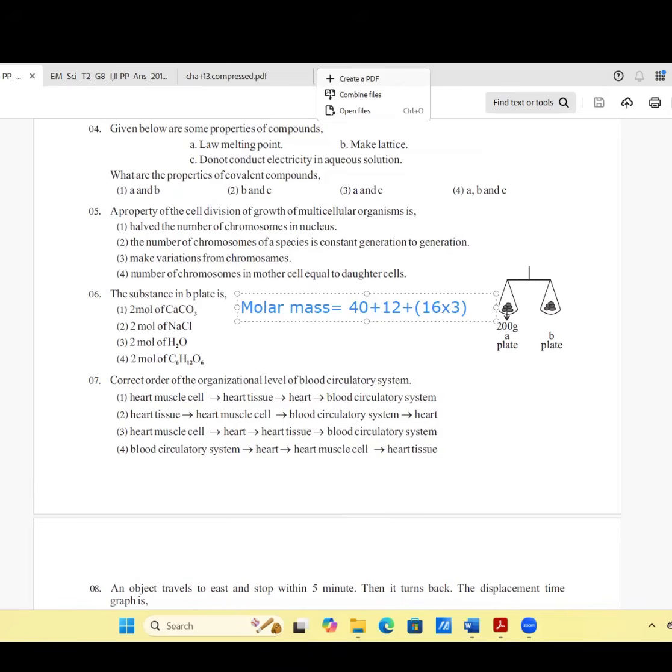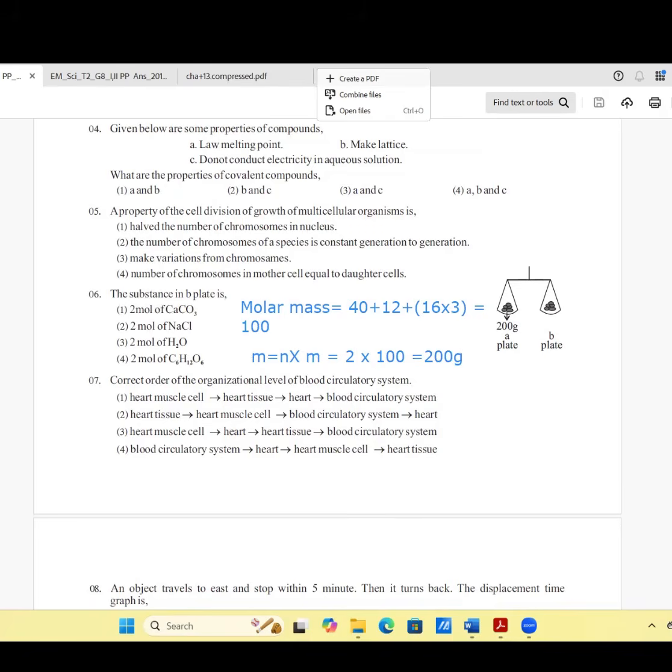Answer is 100. Then find the mass: mass equals moles multiplied by molar mass. The number of moles is 2. It should be multiplied by 100. Answer is 200 grams. Therefore, answer number 1.